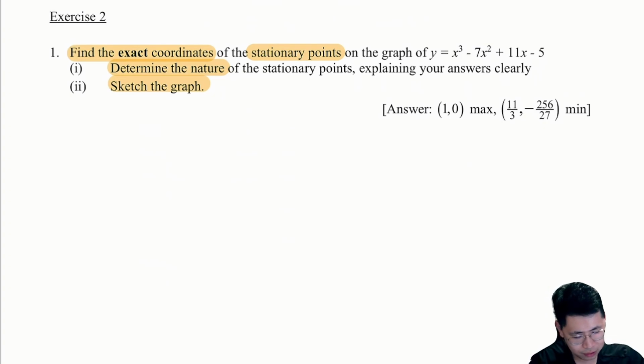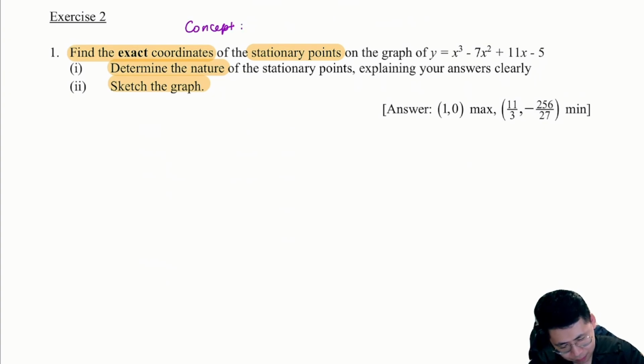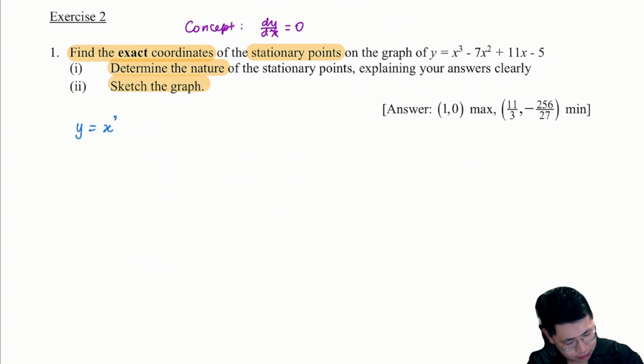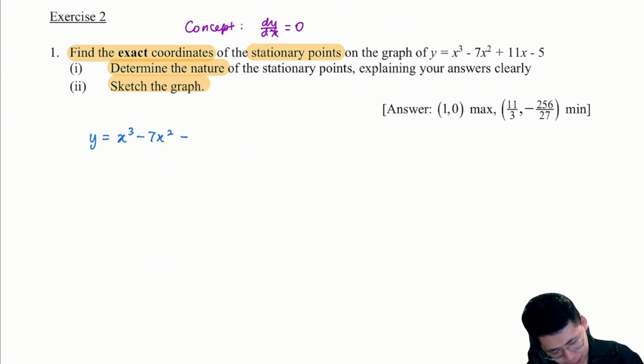First, how do we find stationary points again? The concept for stationary points is that it happens when dy/dx is equal to 0. So over here I'm going to start off with y equals x cubed minus 7x squared plus 11x minus 5.